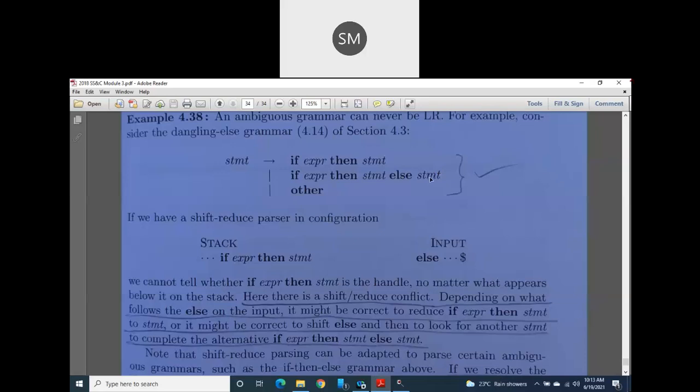Clear? So your input buffer contains this entire thing, and after this statement, here I am pointing, we have put $ to indicate the end of the input.